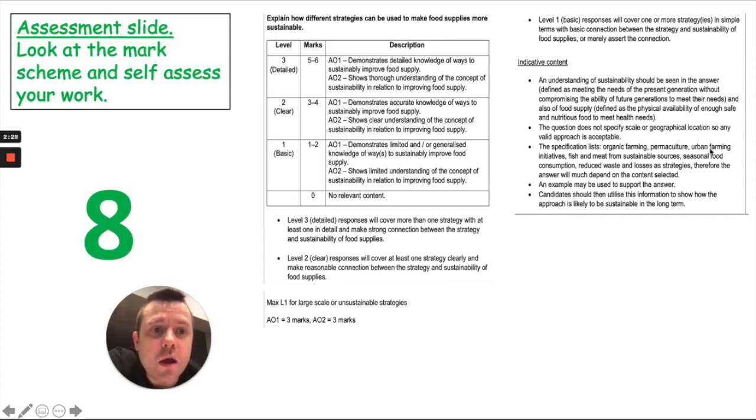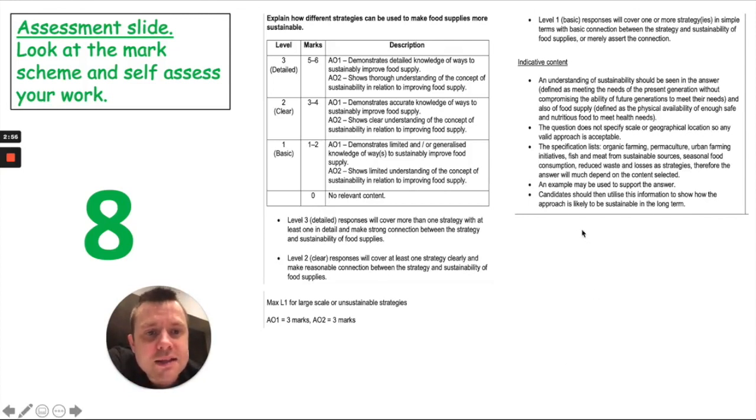You could talk about urban farming in Detroit. Fish and meat from sustainable sources, so not overfishing. Seasonal food, eating local food potentially, and reducing waste. An example may be used to support the answer, so like the Detroit urban farming is an example.